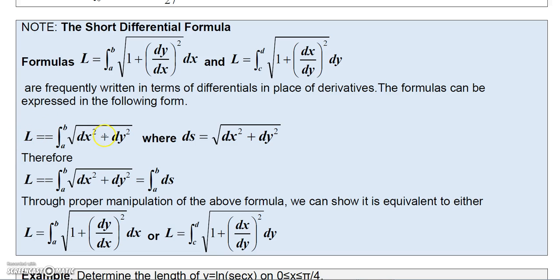We'll say that the length of your curve can be expressed as the integral from a to b of the square root of dx squared plus dy squared. We call this expression, the square root of dx squared plus dy squared, ds.